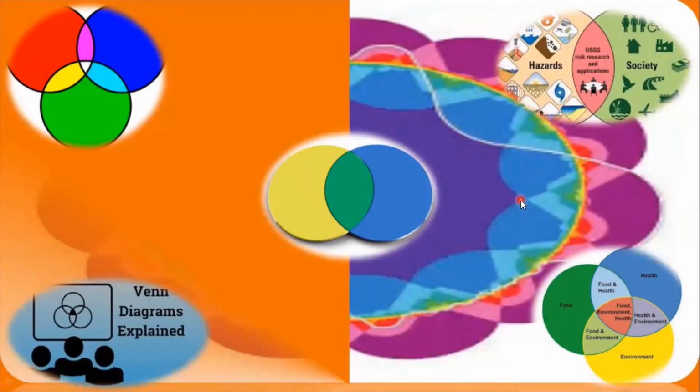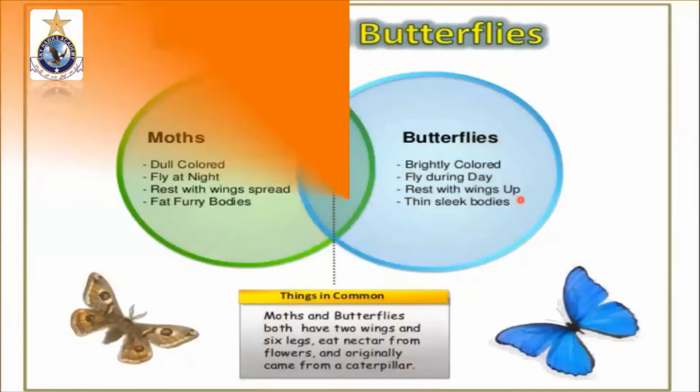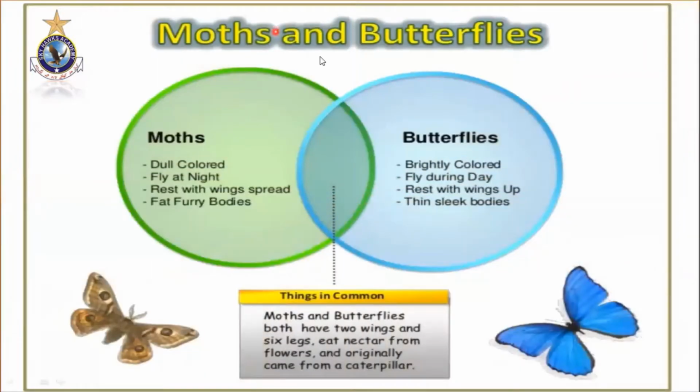Here we can see the starting point: two insects that have different properties. If you can, please read this from the heading.